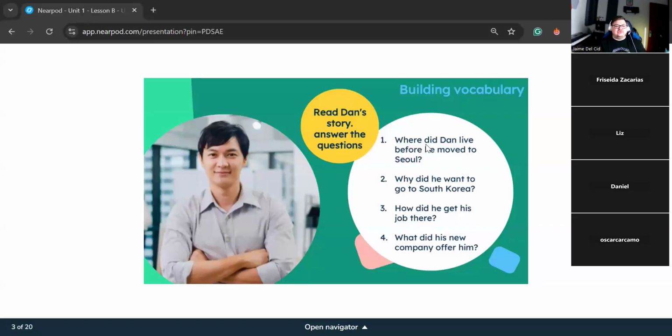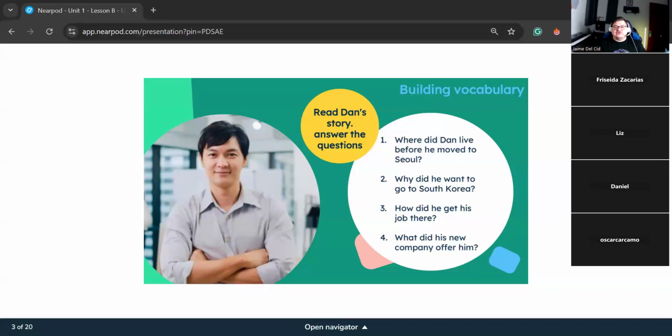Sometimes when you know exactly what to look for in a text, your reading becomes more effective. Otherwise, I notice that certain students feel overwhelmed because there's a lot of information and sometimes you don't know exactly what you should be paying attention to. So we're going to read Dan's story and then we're going to be able to answer these questions.